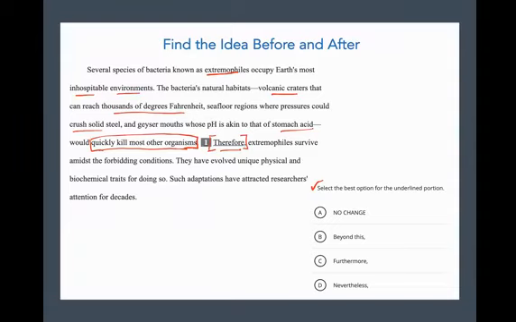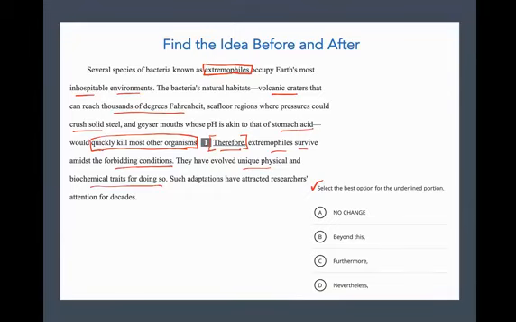Next idea, skip the transition, go to the second idea. Extremophiles survive amidst forbidding conditions. So they just describe those conditions and say that these extremophiles, again, these bacteria, somehow survive. They've evolved unique physical and biochemical traits for surviving and adapting.